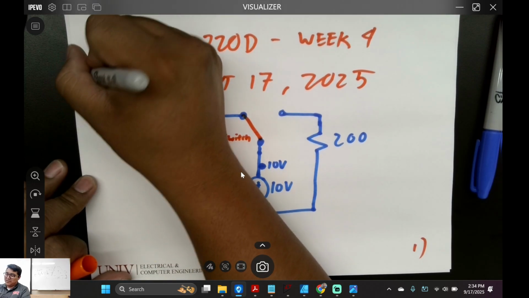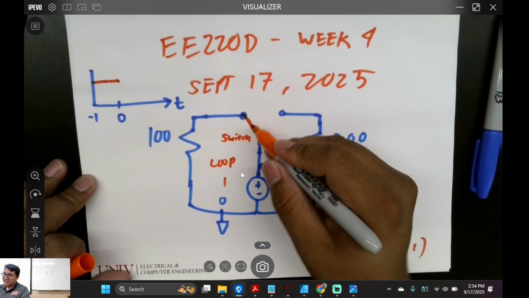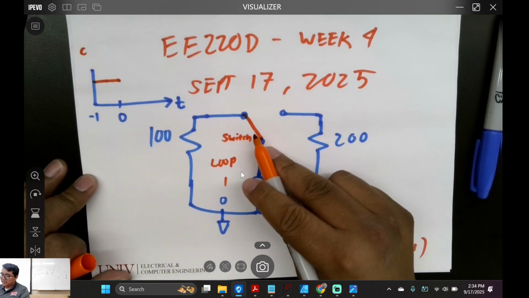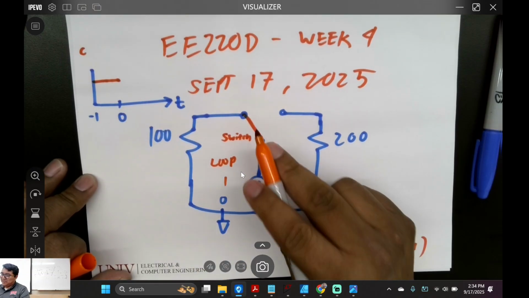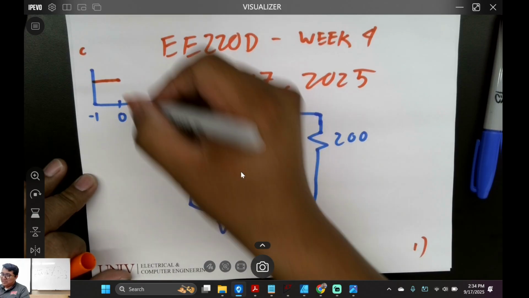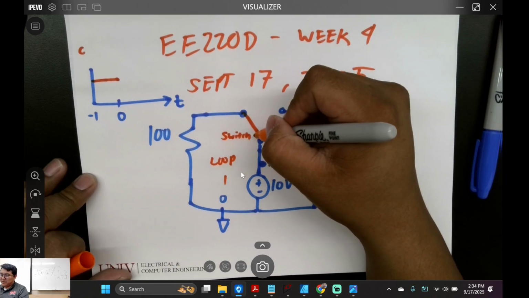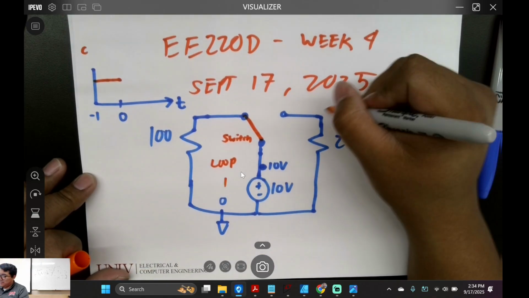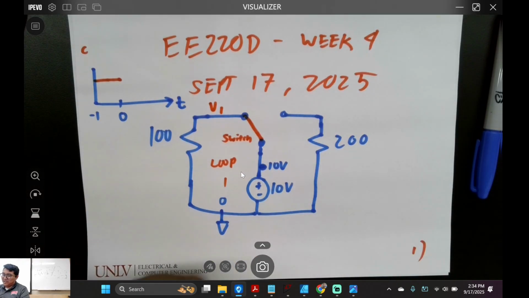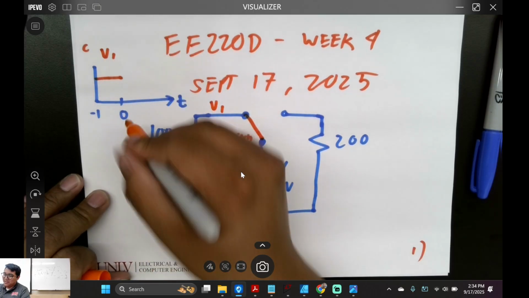I'm going to keep this right here because I'm going to try and switch this circuit over here. What I'm trying to say is here is V1, voltage 1. I'm going to call this one V1.